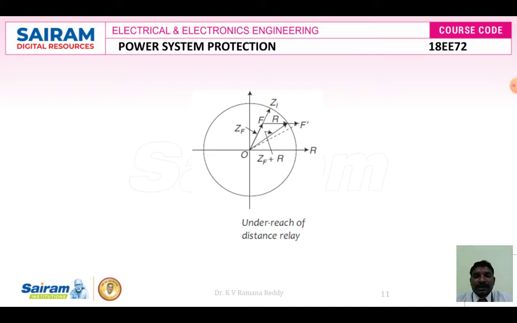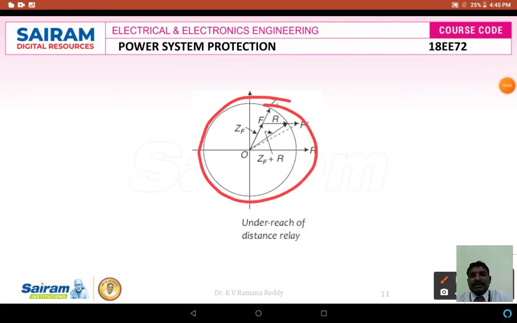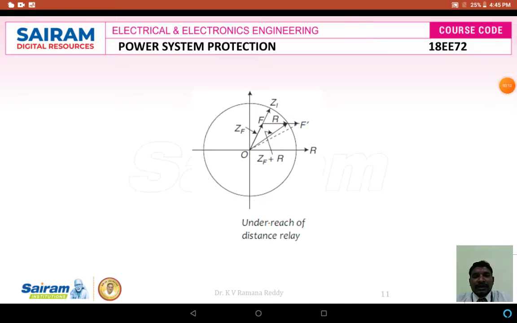that is ZF plus R. If ZF plus R lies within the characteristics of this relay, then the relay will function as an underreach relay. If it lies beyond this operating characteristic, shown in the circle-like structure, then it is called an overreach relay.